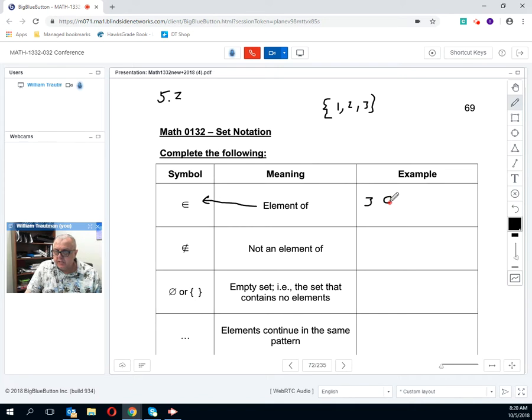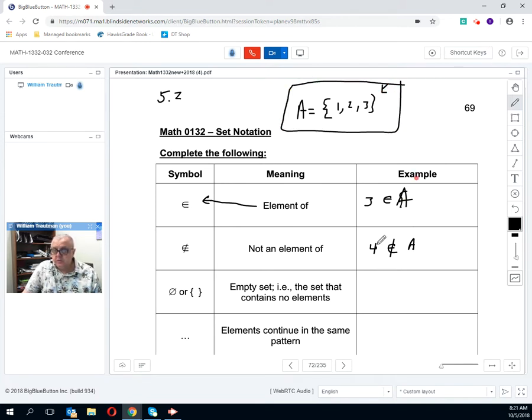Three is an element of, let's call it A, the set A. Three is an element of A. It's just a piece of A. Here's an example of not an element. Four is not an element of A, since there's no four in the original A.